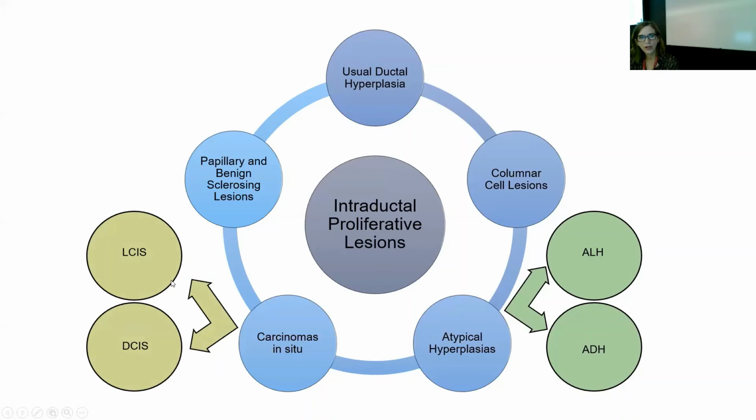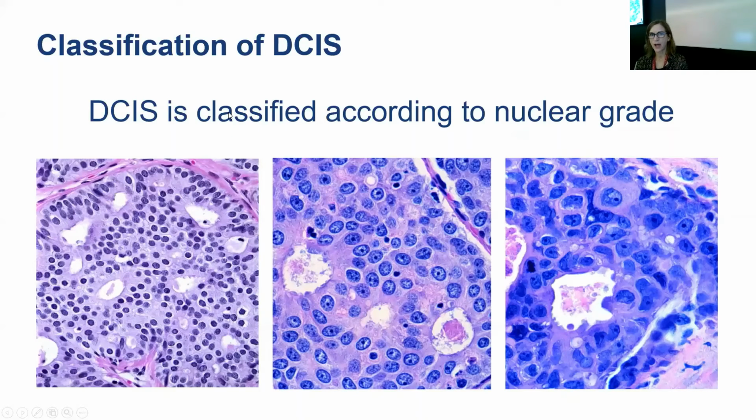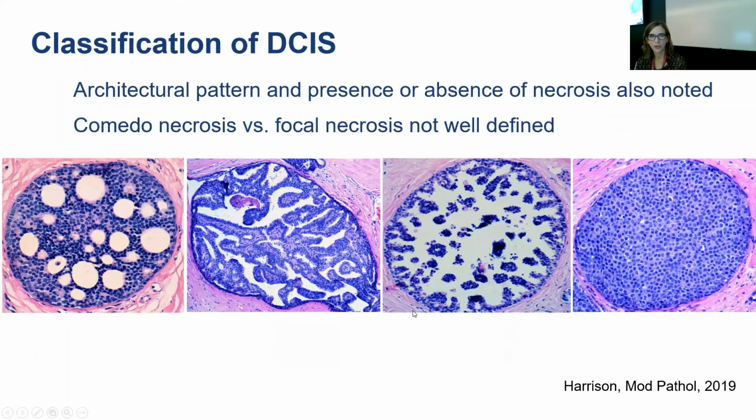So now moving to carcinomas in situ, and here we're talking about LCIS and DCIS. Obviously I'll focus on DCIS because Eddie will be talking about lobular lesions at a later time. DCIS is classified according to nuclear grade, either low grade or high grade, with large pleomorphic nuclei for the high grade, or something in the middle, which is our intermediate nuclear grade.